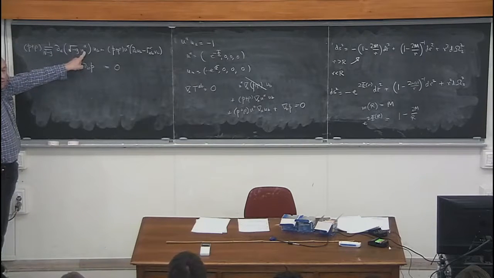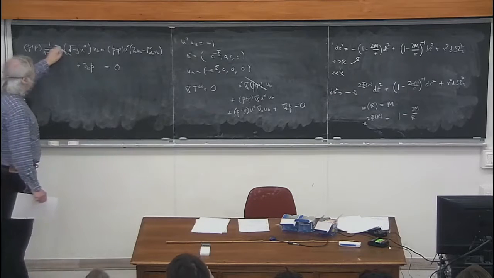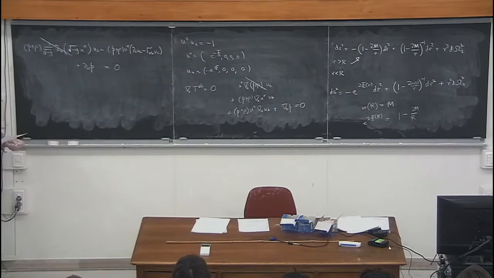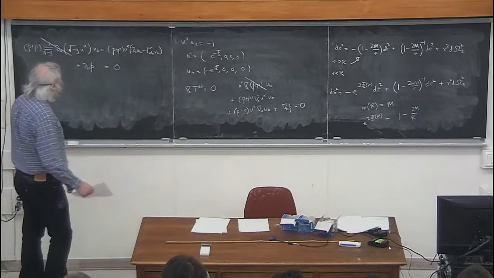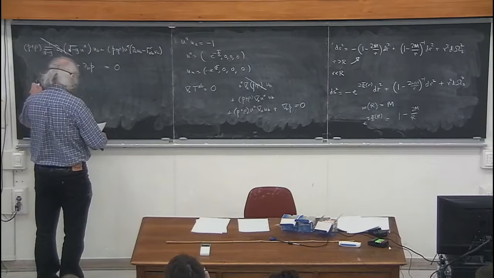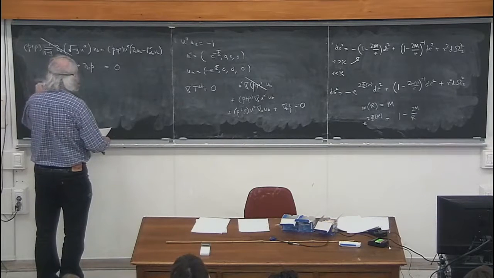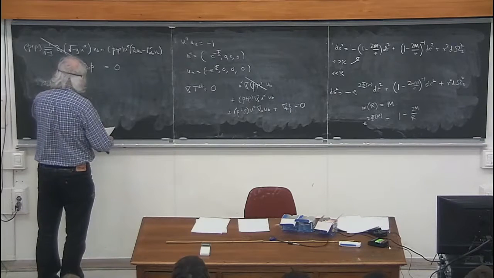The only component of U that doesn't vanish is the time component. Nothing depends on time, so this term goes away. So we're left with one simple equation, namely dB of P minus (P plus rho) times this thing.